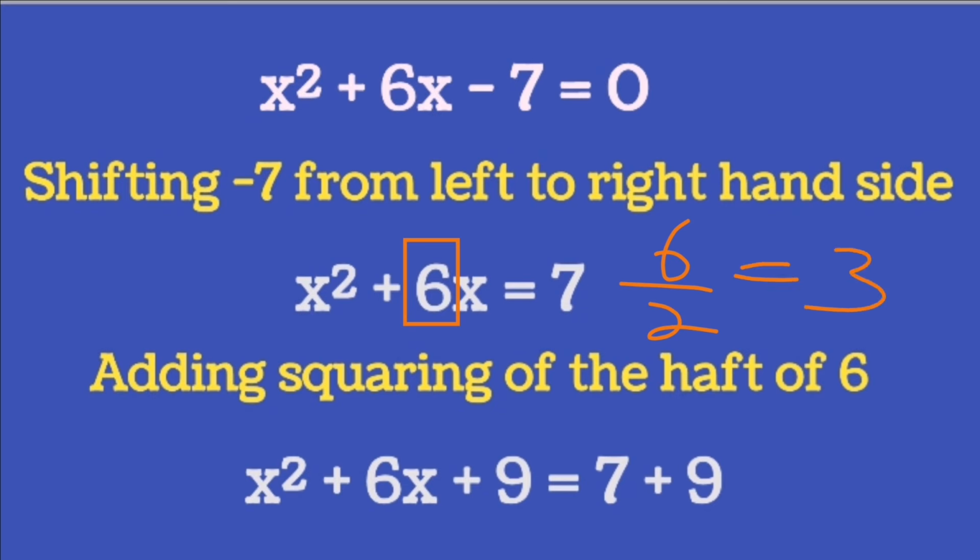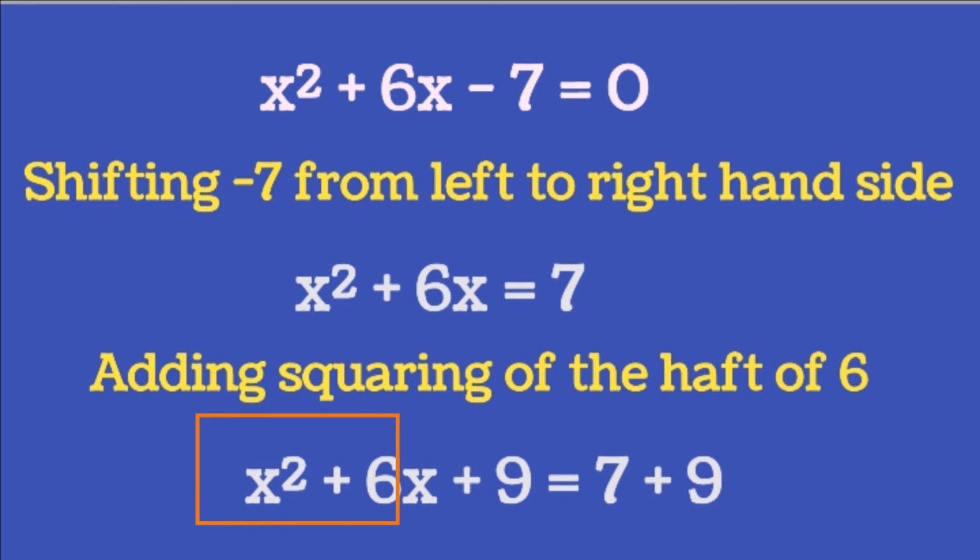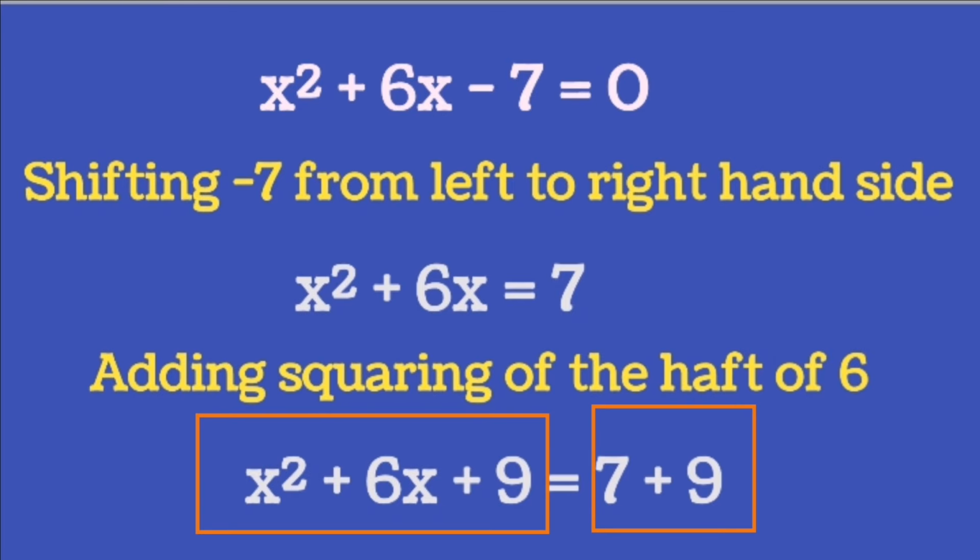Now squaring 3, which is equal to 9, adding 9 to both sides. We get x square plus 6x plus 9, and right hand side becomes 7 plus 9.